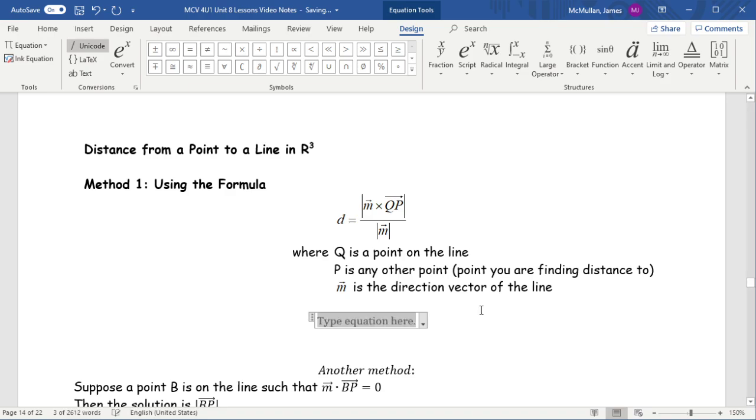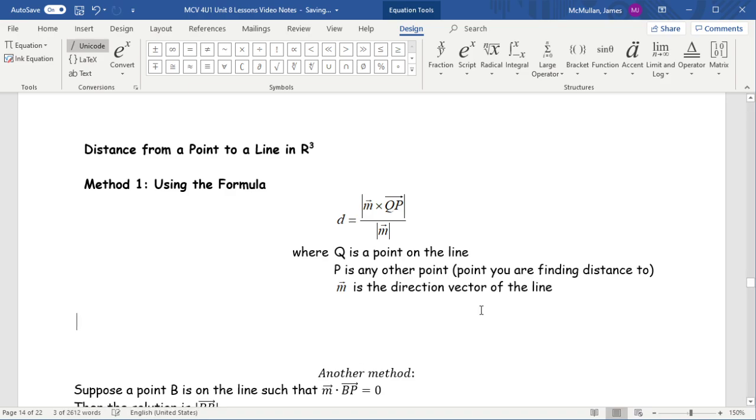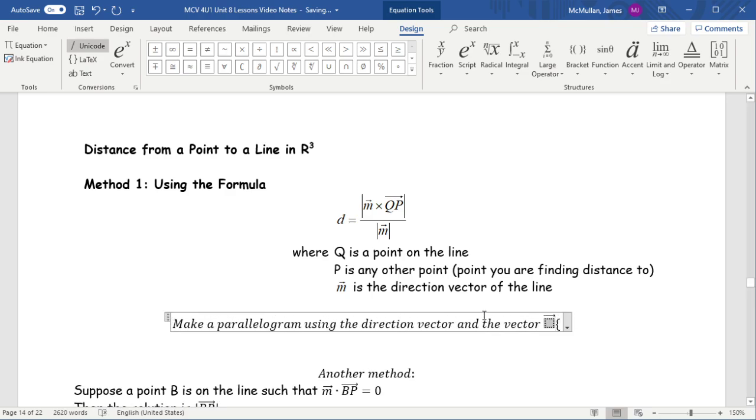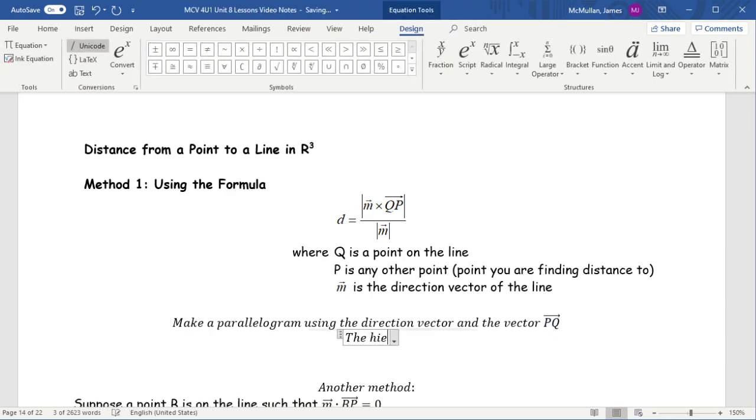Let's try and write down how this works. So make a parallelogram using the direction vector and the vector PQ. The height of that parallelogram is the required distance.